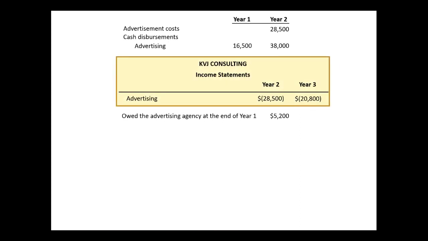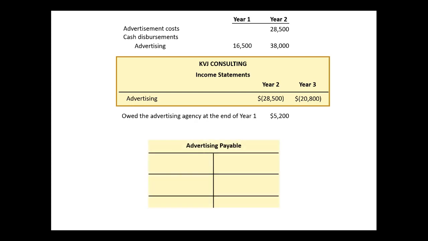Now, as far as advertising, let's just confirm our advertising costs of $28,500. However, the disbursements for year one were $16,500, and year two, $38,000. So if we owed the advertising agency $5,200 at the end of year one, we start with that.